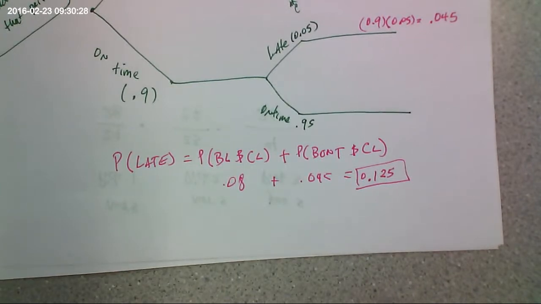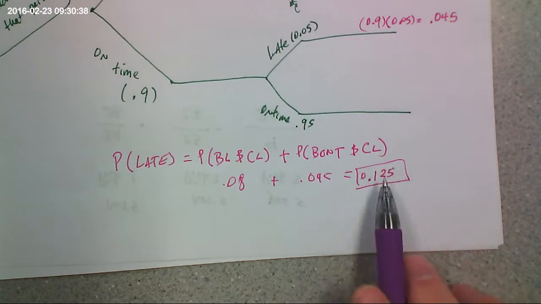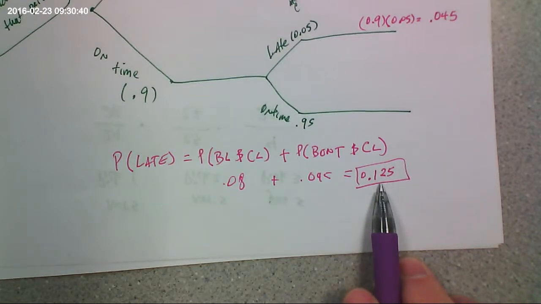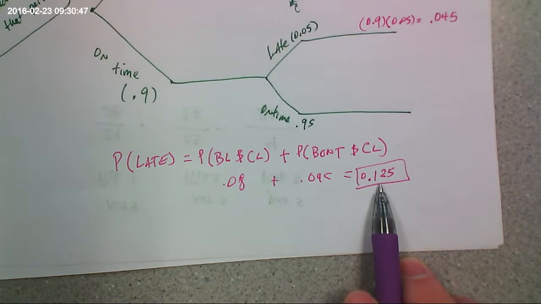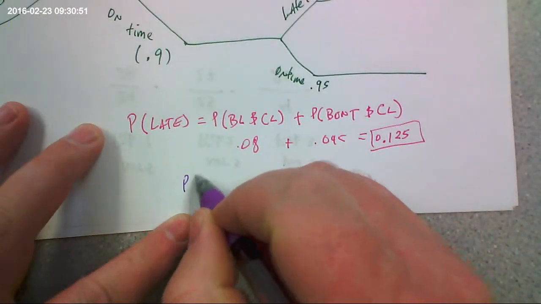How do you do this? What do you do, Ruby? That's exactly what you would do. Look, this is the probability he's late on one day, so you would just multiply that times 56. And you get 7.